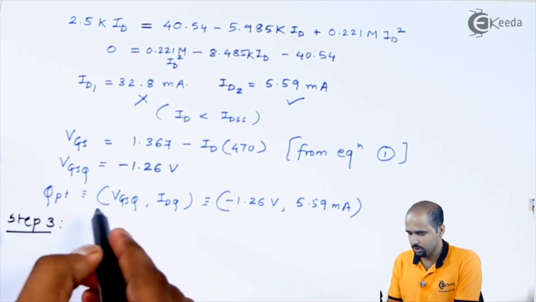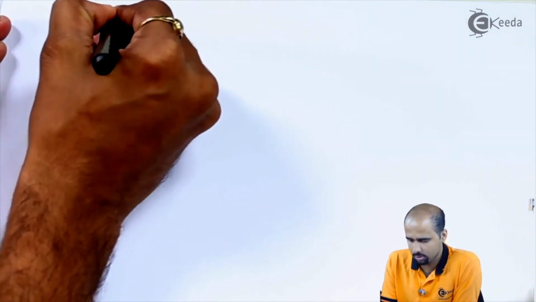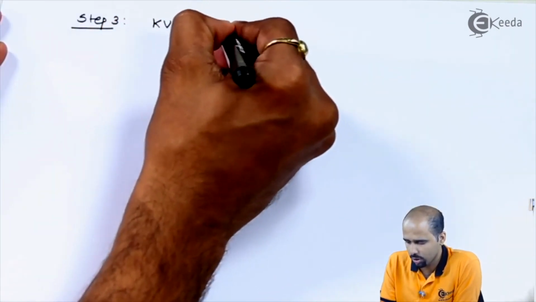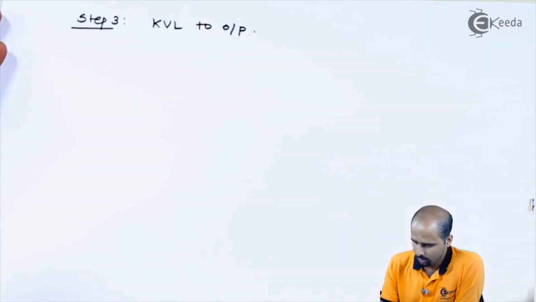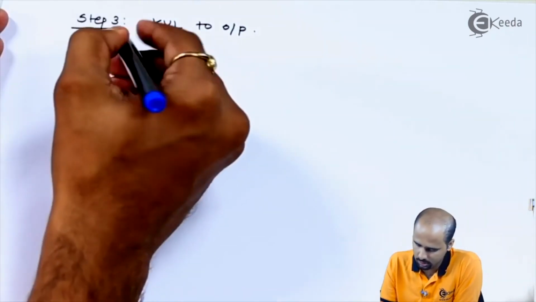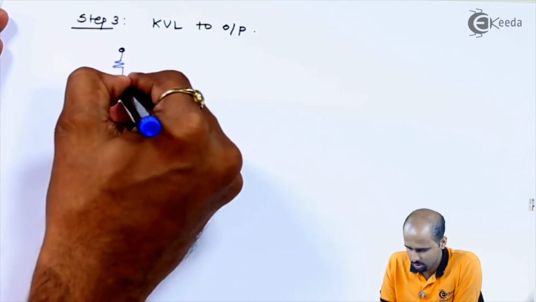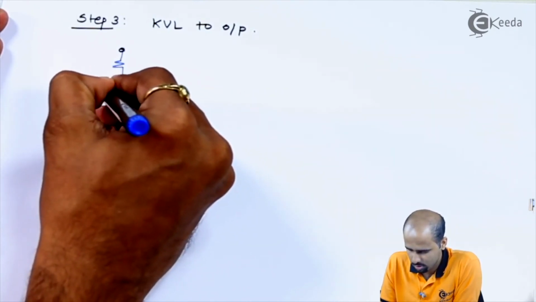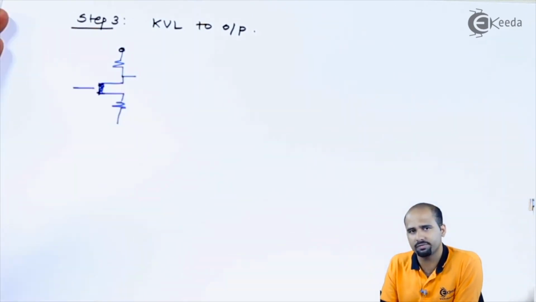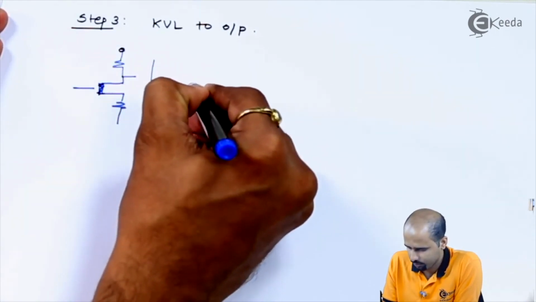Okay, second Q point that we have to find out with step number 3. In step number 3, what we'll have to do, we'll use another slide. So in step number 3 we will just apply KVL to output. When we deal with KVL to output, we obviously have to consider the VD and VS. We are not dealing with the input right now, we just deal with the output KVL.